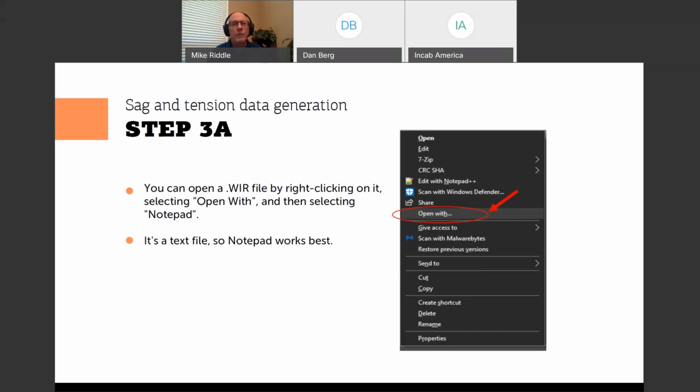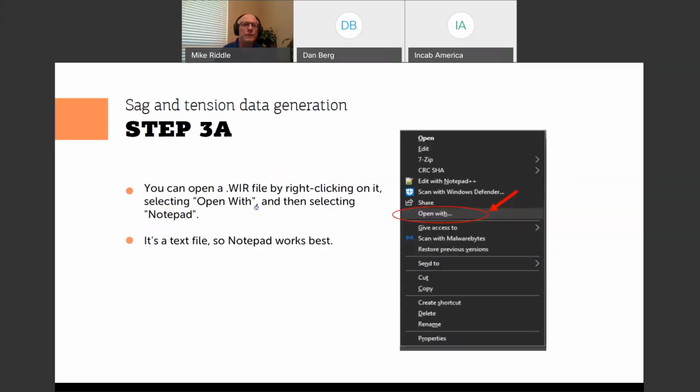And then the file won't open from PLS CAD, and you'll be wondering why, and it'll be a mystery to you, and you'll be frustrated. So the easy way to avoid that is to just open with Notepad. Notepad is specifically for text files, and it just works best.